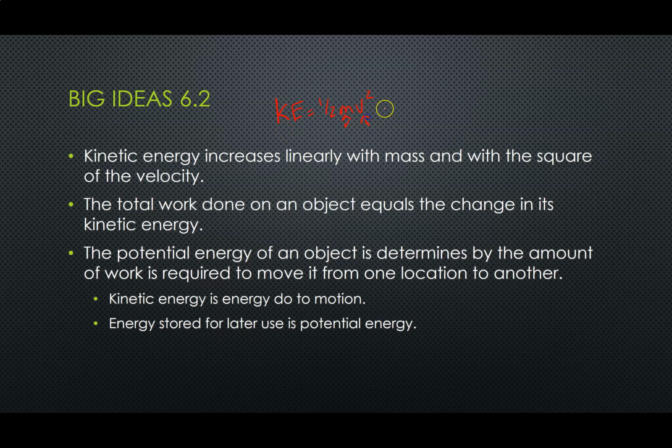For every small change in velocity, we get a much larger change in kinetic energy because of that square term. We also look at the fact that the total work done on an object is the change in kinetic energy. We also look at the fact that potential energy of an object is determined by the amount of work that is required to move it from one location to another.